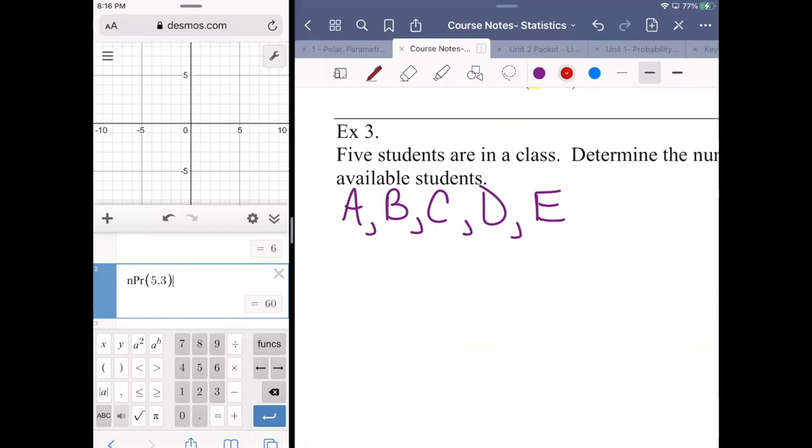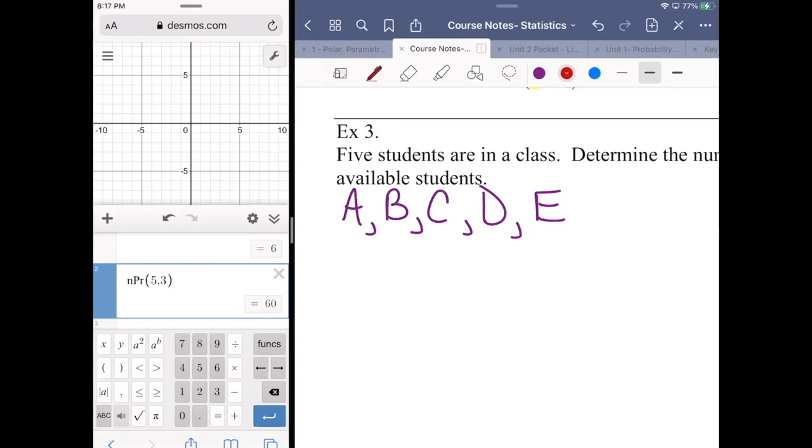Because if I tell you that we have Charles and Billy in one group, and then I say, okay, that's group number one, group number two is Billy and Charles, you'd say, well, wait a minute, you already got them. You've already counted those people. So I can't say B and C is in one group and then turn around and say C and B is in another group. It's the same group. It doesn't matter the order in which I select them.